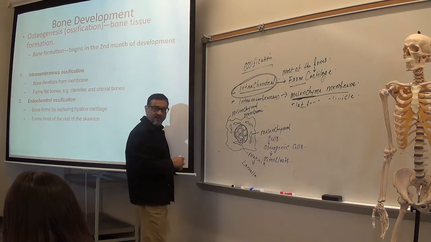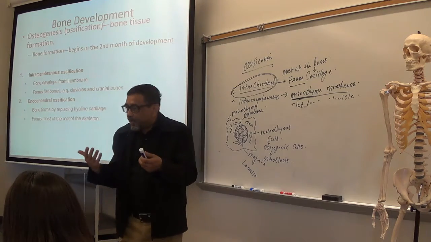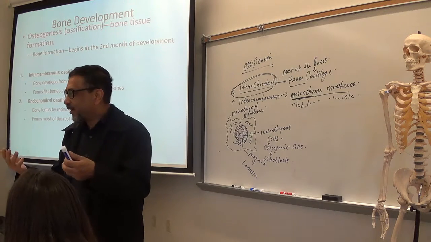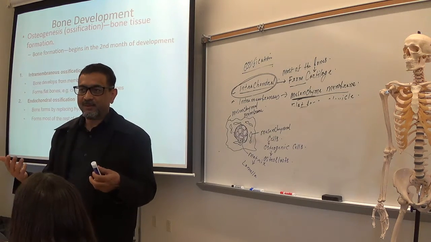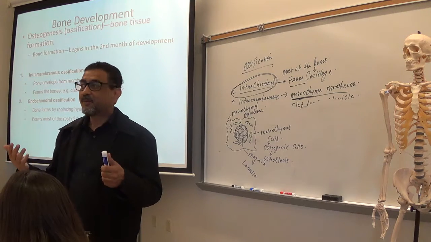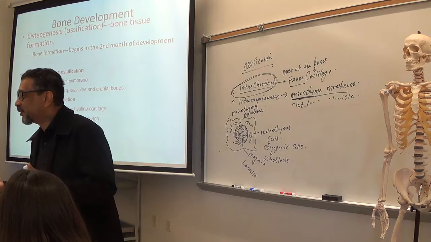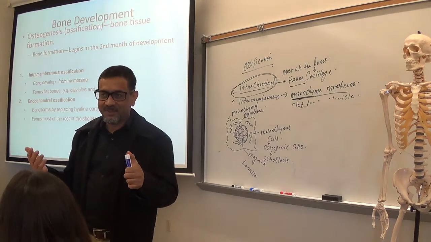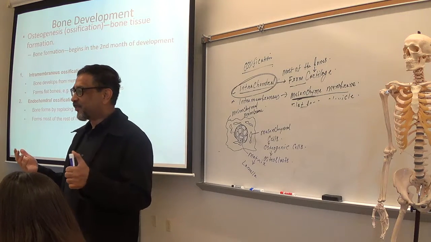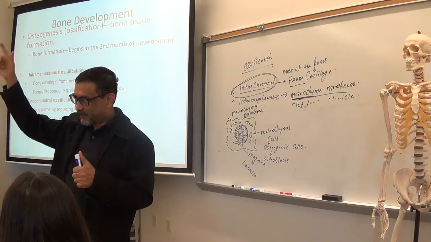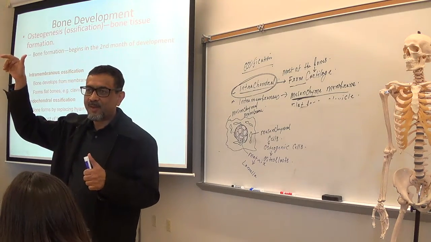Then what happens? Osteoblasts get older, right? Osteoblasts get older and become what? Old bone cells are what? Osteocytes. Osteocytes are mature bone cells, okay? Osteoblasts, sorry. In last class we talked about that.